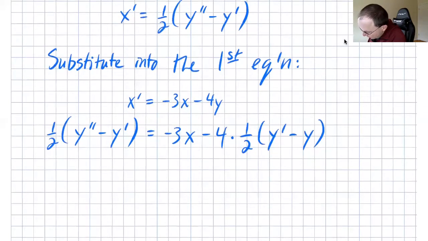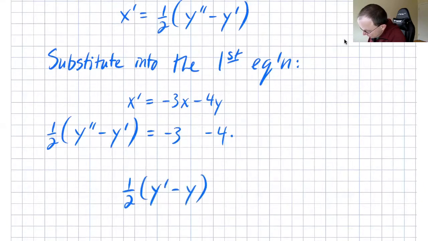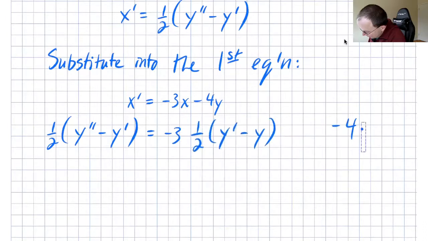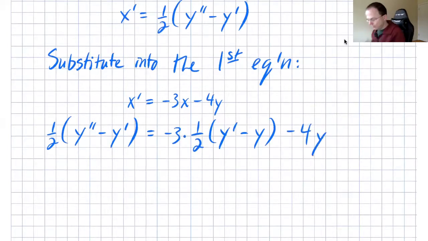Okay, that was a mistake. I wanted to substitute the x, right? So not the y. So let me put that over there. So this will go right there. Bring the dot over, and then we have minus 4y. Okay, that's better. Once you do the substitution, it should all be x or all y. So we've eliminated one of the variables.